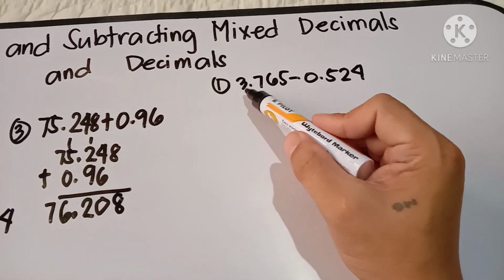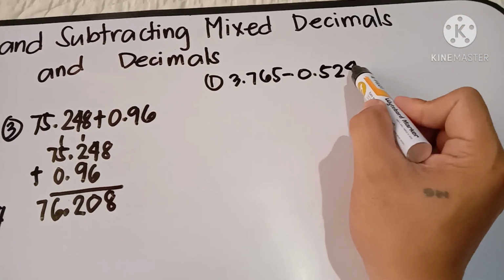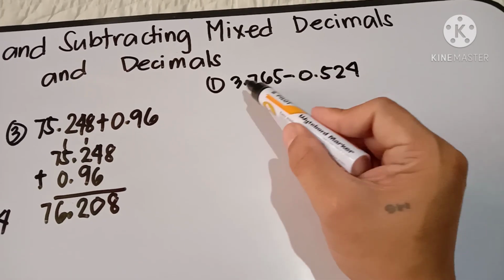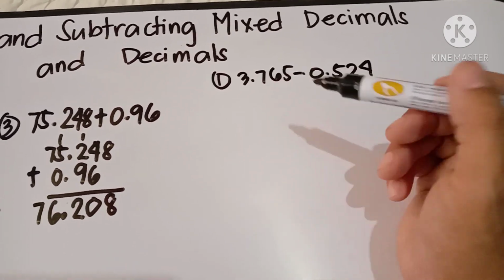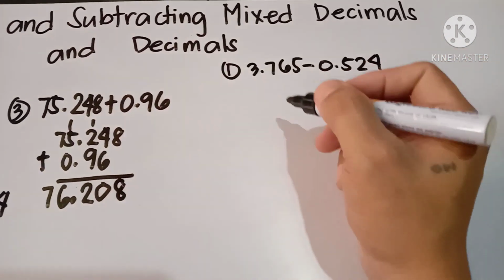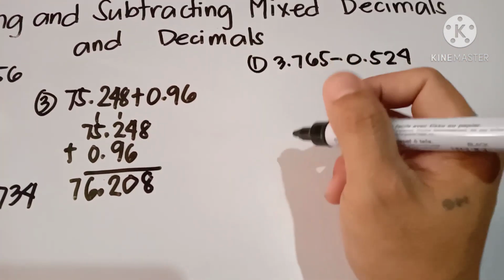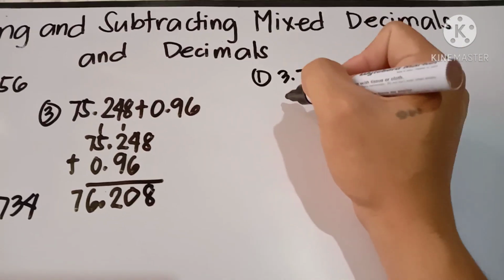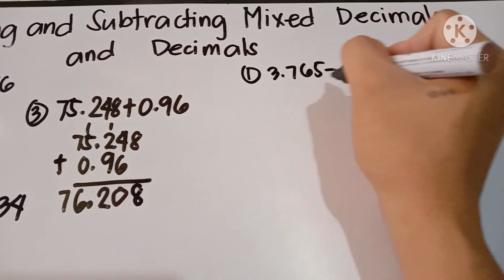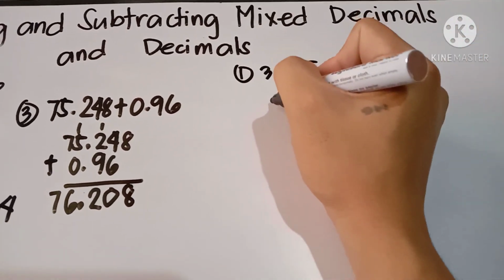This time, we are going to subtract 524 thousandths from 3 and 765 thousandths. Okay, ganun pa rin yung gagawin natin, kagaya ng ginawa natin in adding mixed decimals and decimals. Dapat, we are going to write the given numbers in column.